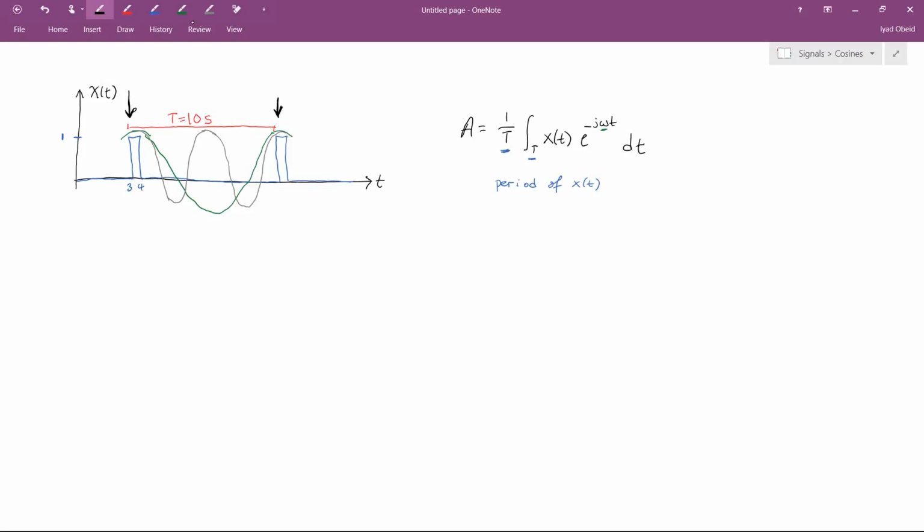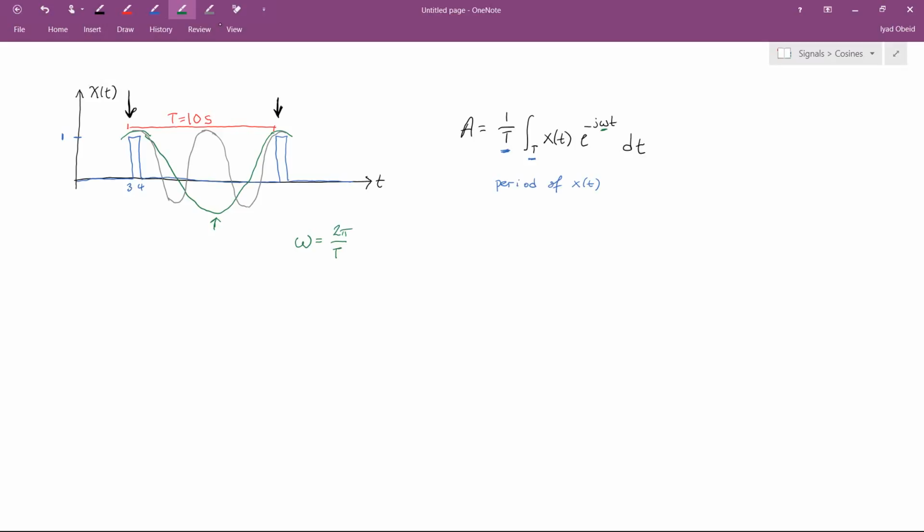So let's figure out what those frequencies have to be. We know that our period is 10 seconds, and therefore the frequency of the green signal, the green cosine, has to be 2 pi over T, which in this case, T is 10 seconds. But this line of reasoning should apply for any period.